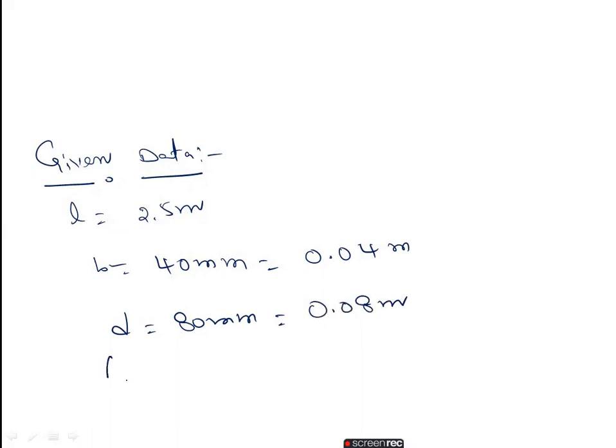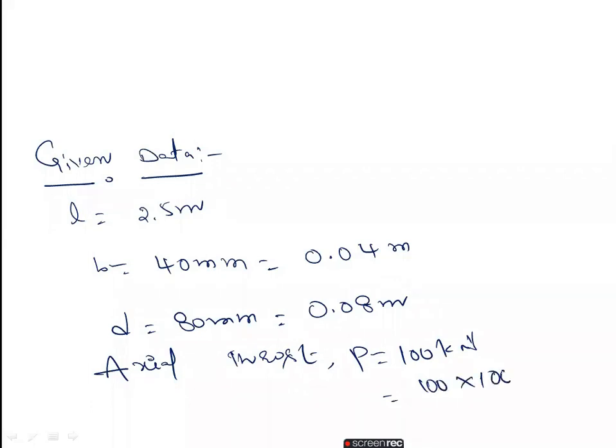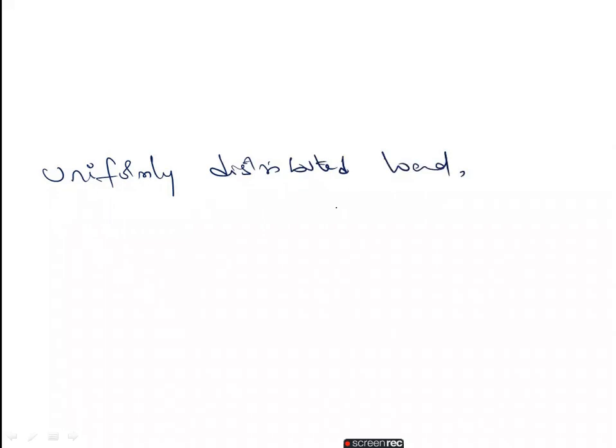The axial thrust P equal to 100 kilonewtons. If I convert into newtons, 100 into 1000. Then there is a uniformly distributed load, that is W equal to 6 kilonewton per meter length.